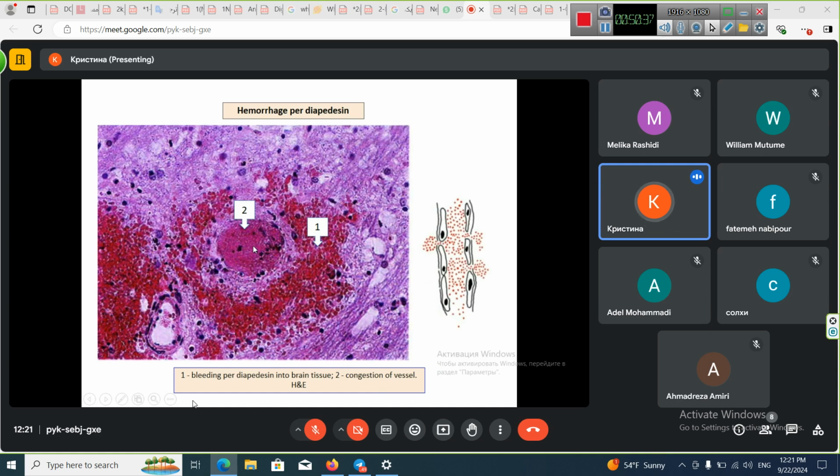And because of increased pressure inside the venules, which cannot resist high pressure normally, some gaps and holes emerge between endothelial cells, and blood starts to go out from the blood capillary to surrounding tissues.